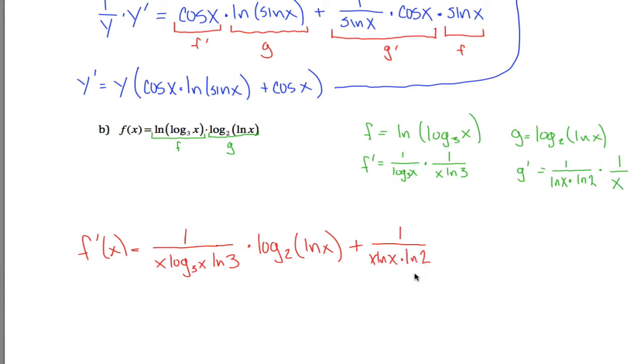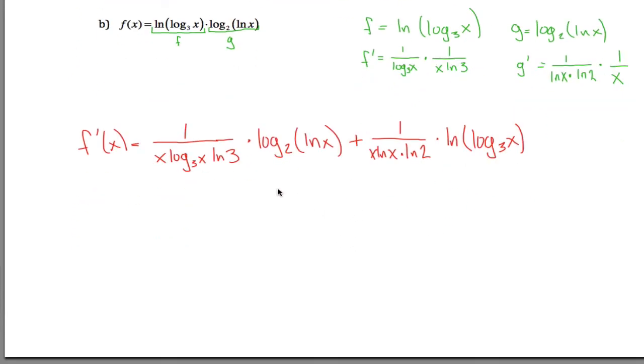You don't have to change the order. I just think it's prettier this way. Times f, natural log of log base 3 of x. It's a perfectly good answer the way it's written. Or if you want, this times this is log base 2 of natural log of x divided by x log base 3 of x times the natural log of 3.